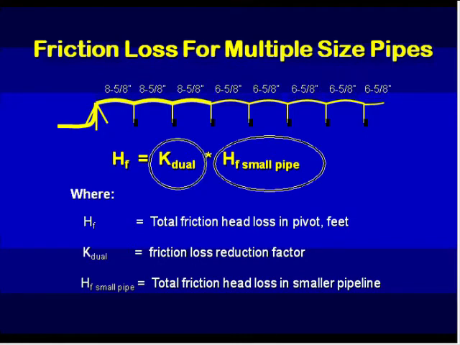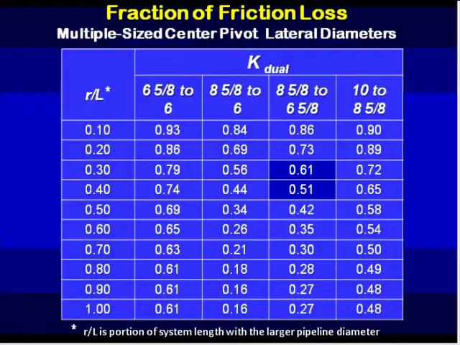And this K dual factor is a reduction factor based upon the differences in pipe diameter between the large size and the small, and how much of the center pivot length has the different size pipelines on them. And so we'll go through that calculation to come up with then the friction loss in the combined system.